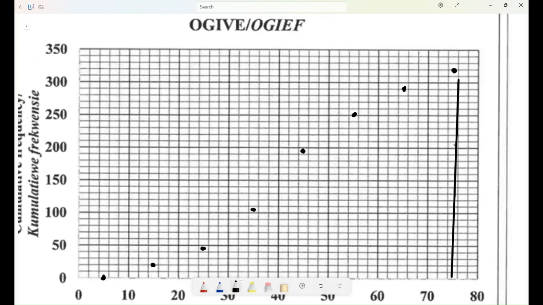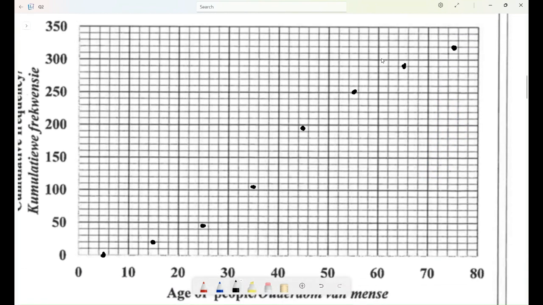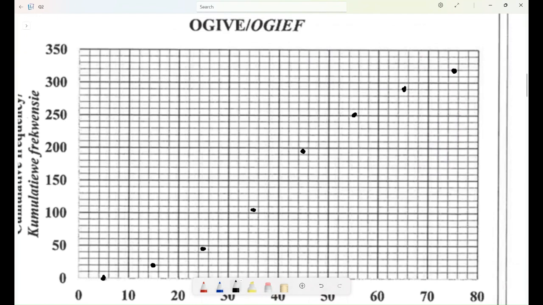Okay. Now let me try to sketch that as neatly as possible. Okay, I'll try. Okay, let me start. I'm trying to join everything. Not this one.